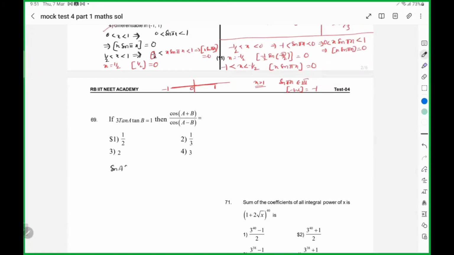Here, sin A by sin A sin B by cos A cos B is 1 by 3.